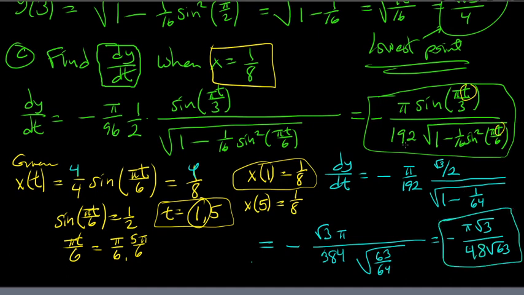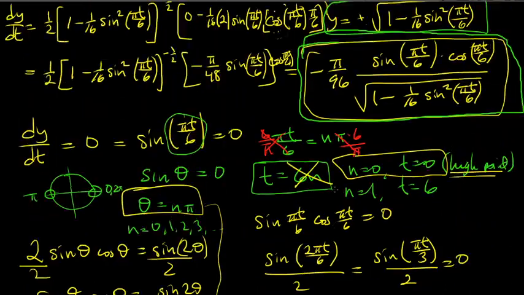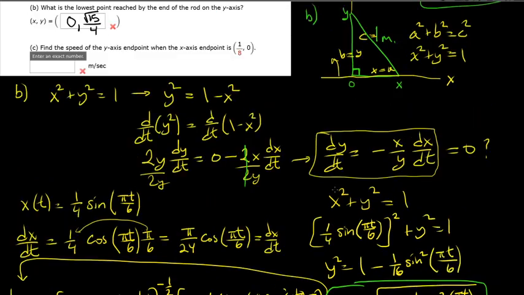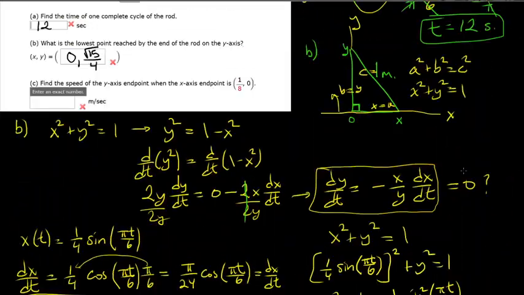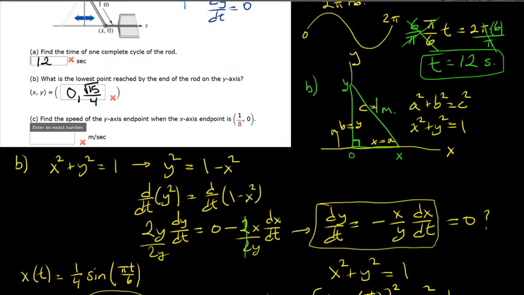All right. And don't take my word for it, because I could have easily messed this up here. But that should be the answer. So negative pi square root of 3. Let's see. So I'm not going to be able to squeeze it in here. Oh, if they're asking for the speed, I don't think it's negative. Velocity is negative, speed is positive.